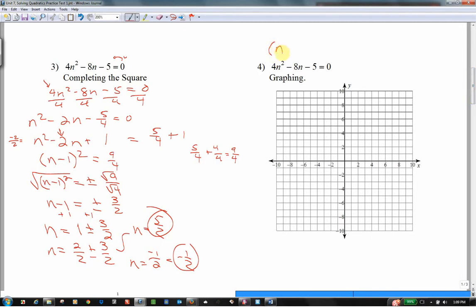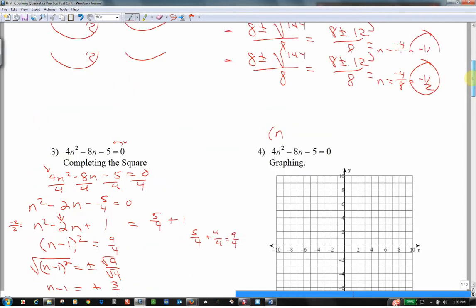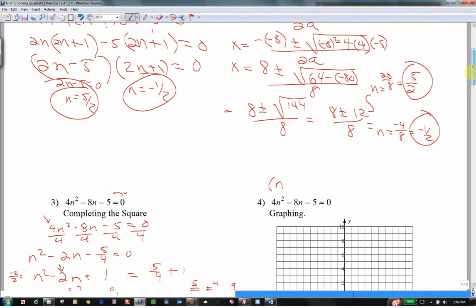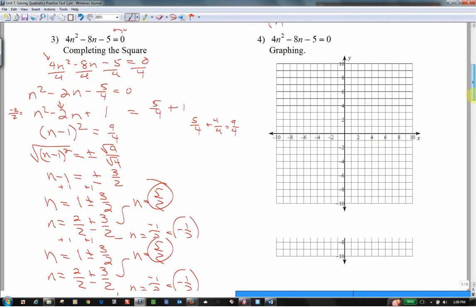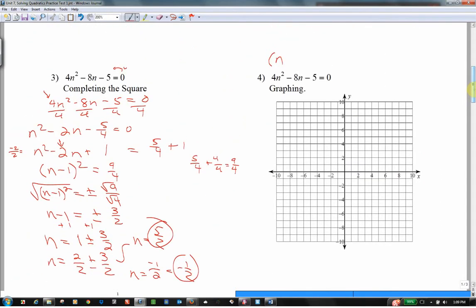in what we had in problem number 1, we had the 2n minus 5 and 2n plus 1. If I figured it was in factored form, then I could just plot the zeros. The zeros are 5/2, that would be 2 and 1/2, and a negative 1/2.